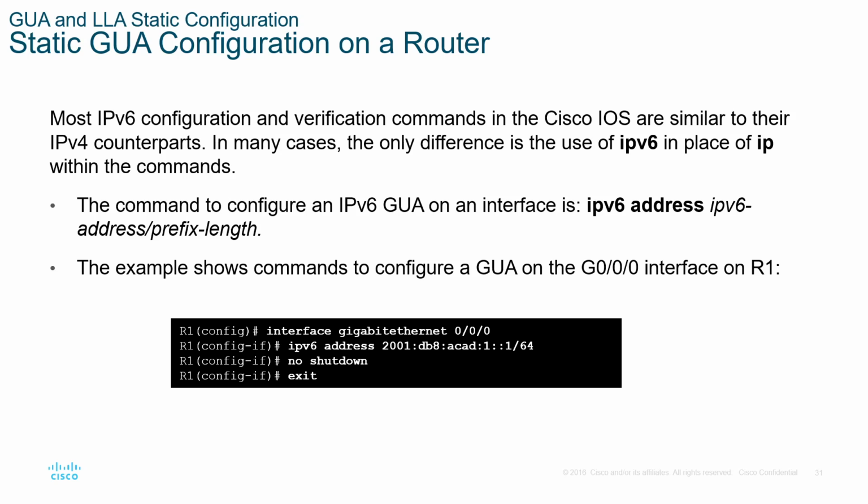So you guys can see 2001:DB8:ACAD:1 is the network, and then the actual device address is 1, and the leading zeros are dropped because they used a double colon. You should be able to see that now that we've discussed IPv6 addresses. So the /64 says that if we count 64 bits over from left to right, that is the network portion. Is everybody good with that? Don't forget to no shutdown.